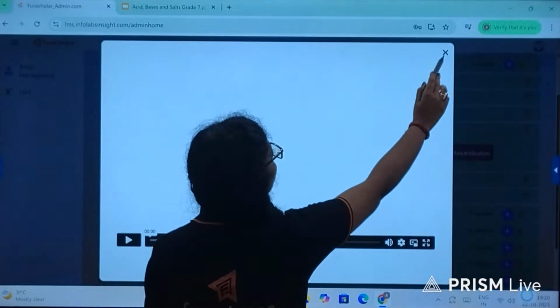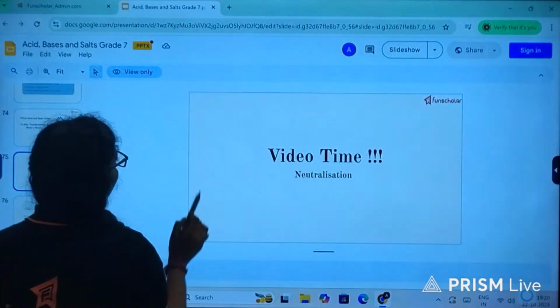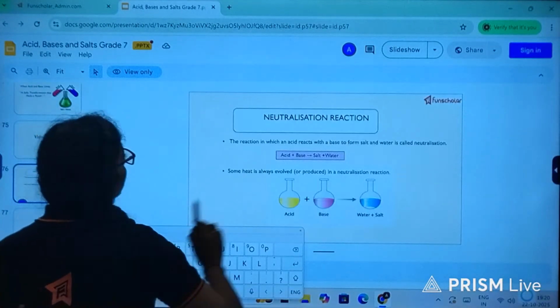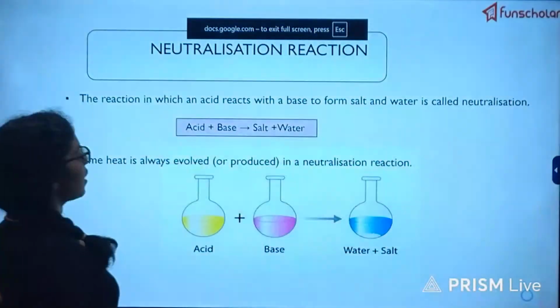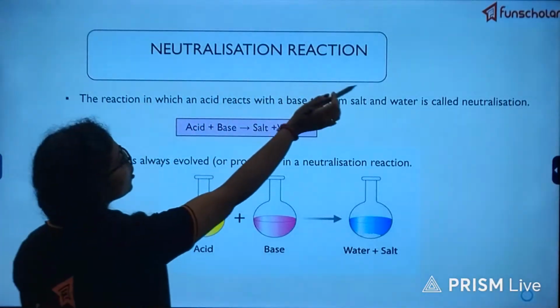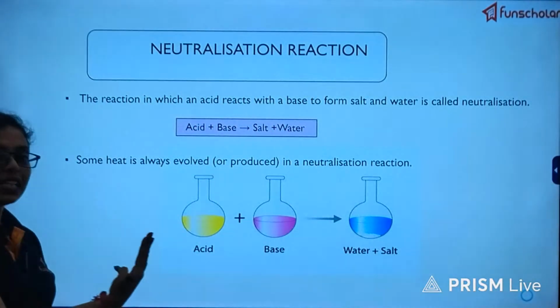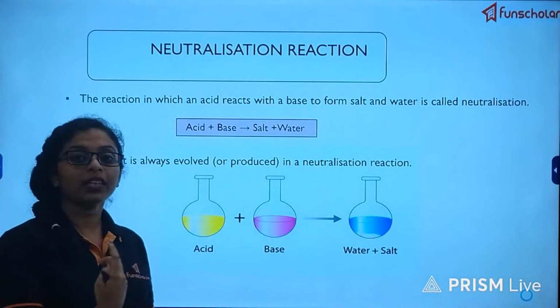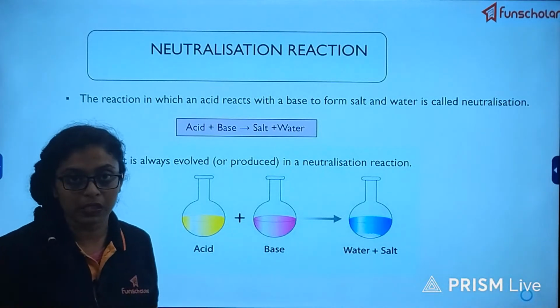So from this video, we got a basic understanding of neutralization reaction. So let's discuss it in a detailed manner. So, neutralization reaction. Acids and bases are chemically opposite substances, right?